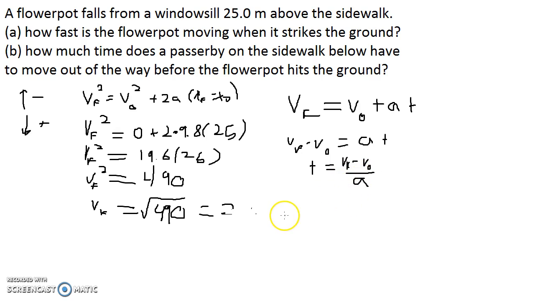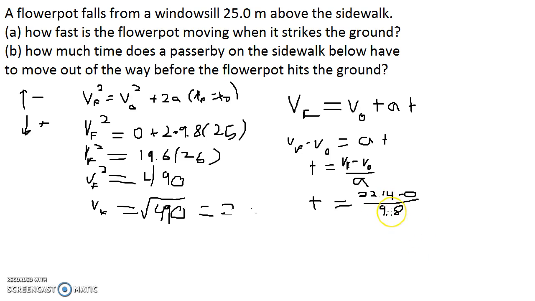Now we're back to the just plug it in and get our answer. Final velocity, we'll use 22.14 minus 0 over 9.8 meters per second squared.